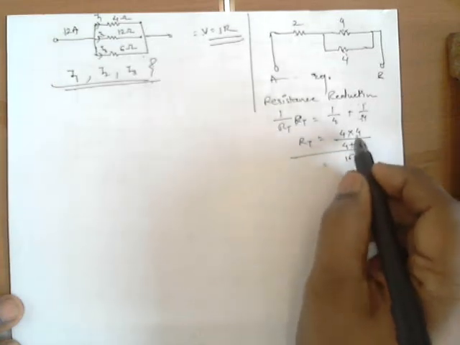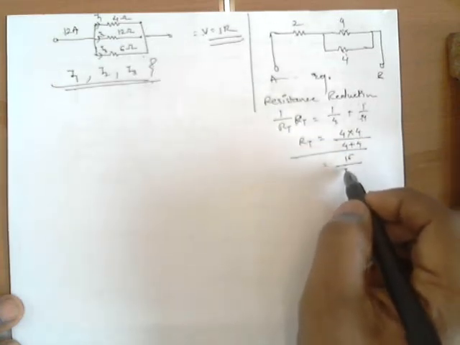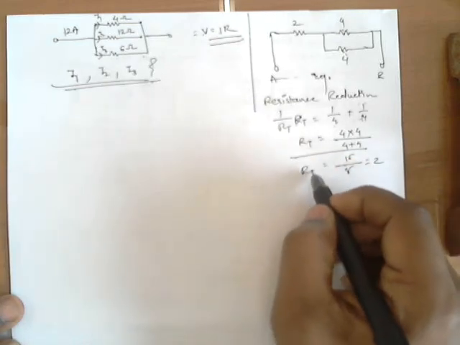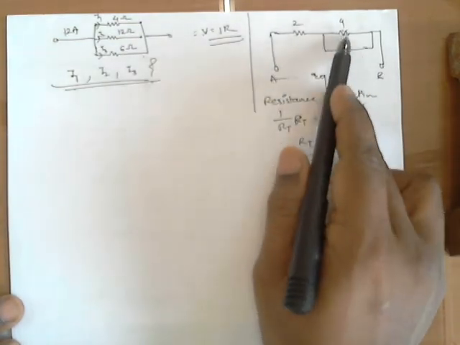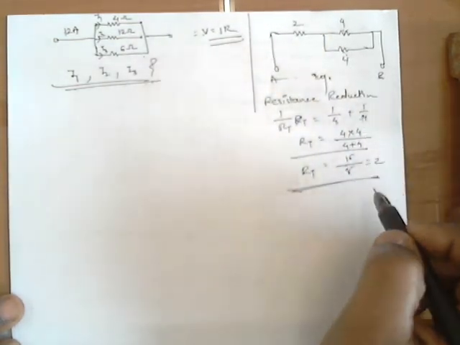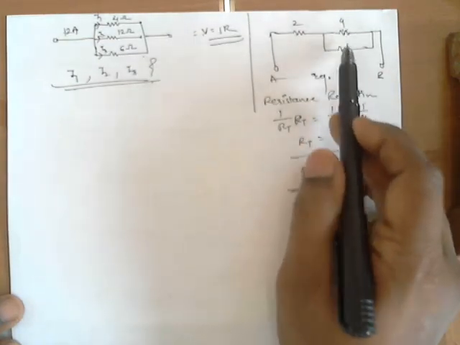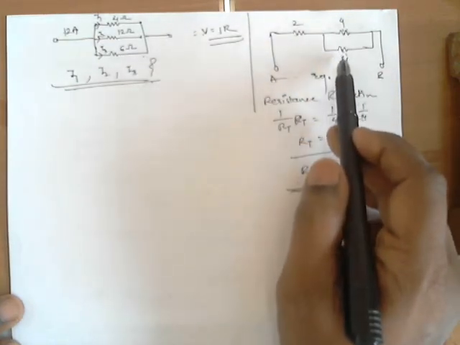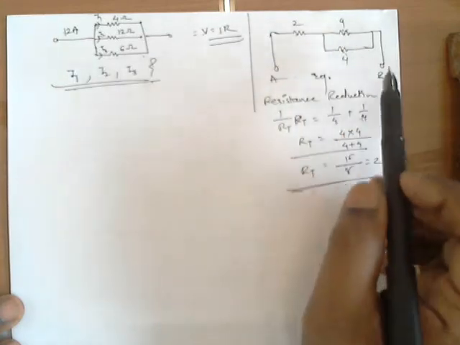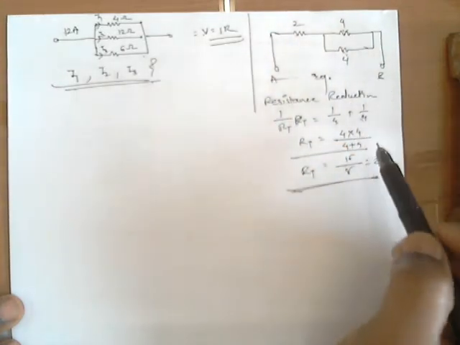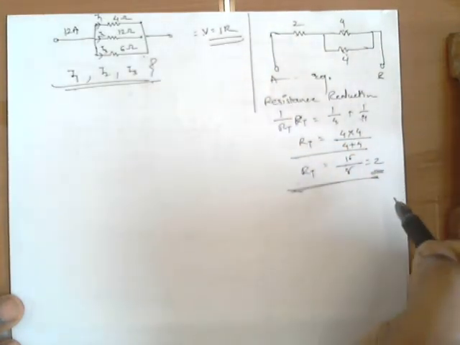So 16 over 8 is 2. So RT is 2. Total resistance for these two resistances is 2. Now always remember, when two parallel resistances are equal, their equivalent resistance is always half. There is a trick.